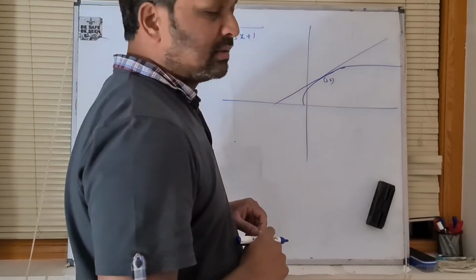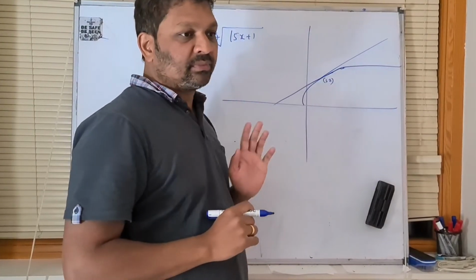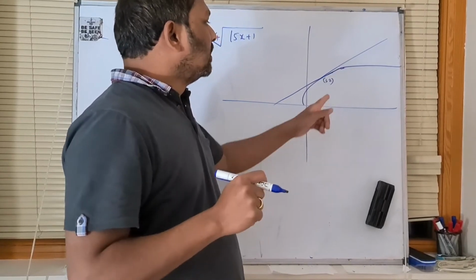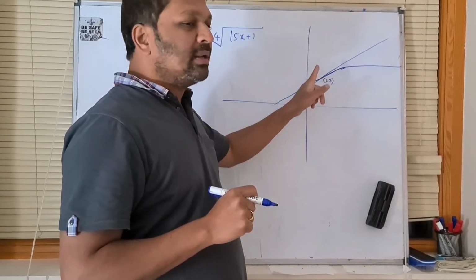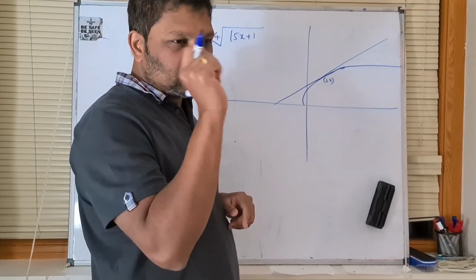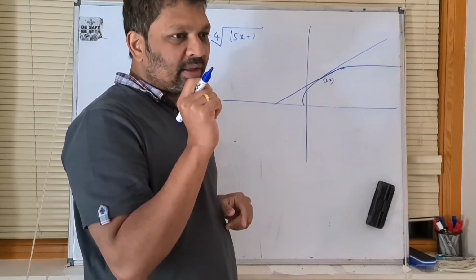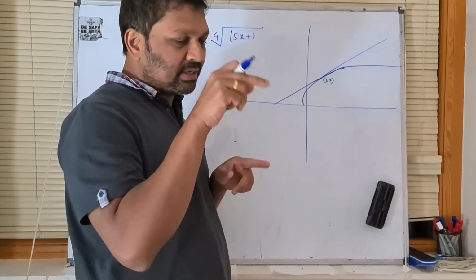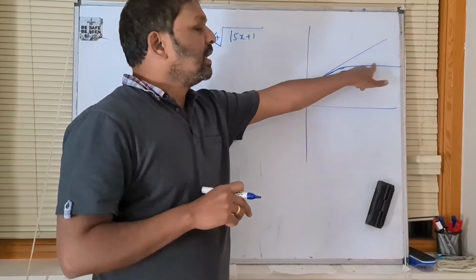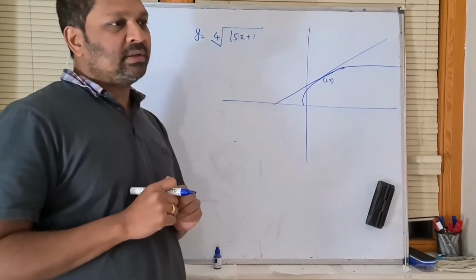What is a tangent, by the way? A tangent is something which is touching the curved shape at one point. If a line is touching a curved shape at one point, that line is called a tangent to the given curved shape.